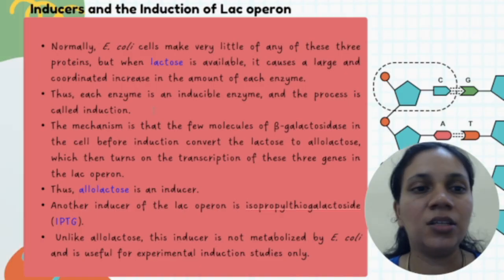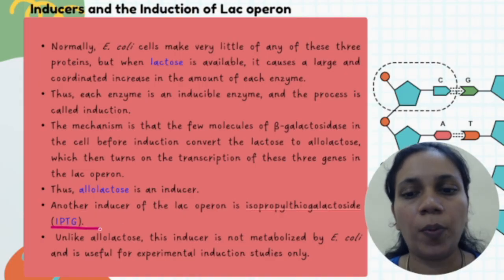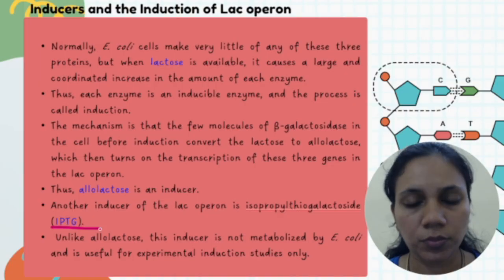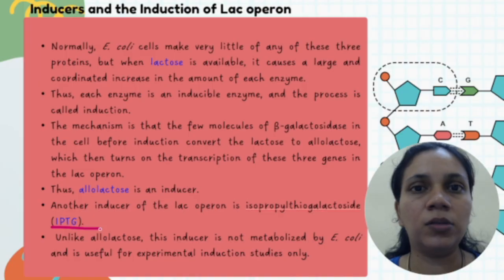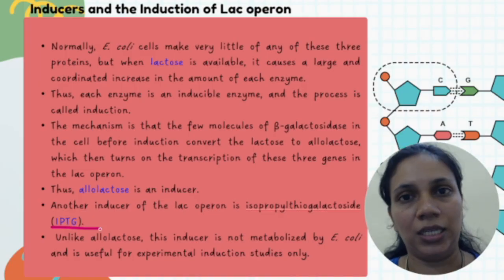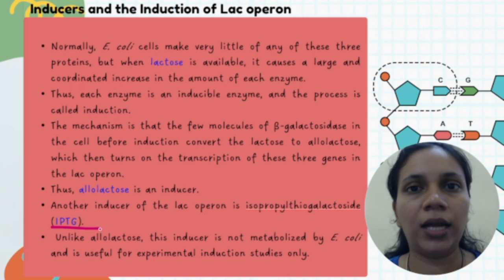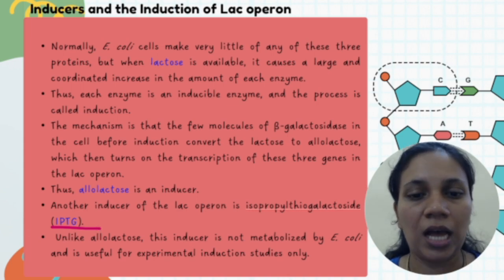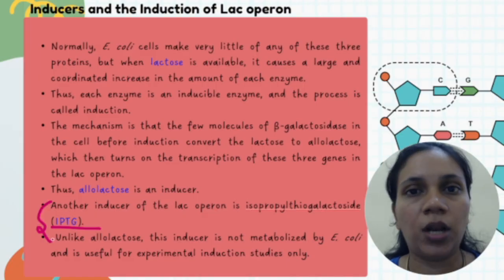Yet another example of an inducer is IPTG, which is isopropyl thiogalactoside. If you remember, we have seen this molecule in the blue-white screening. The point to be noted and remembered from your NEET exams point of view is that this IPTG cannot be metabolized.